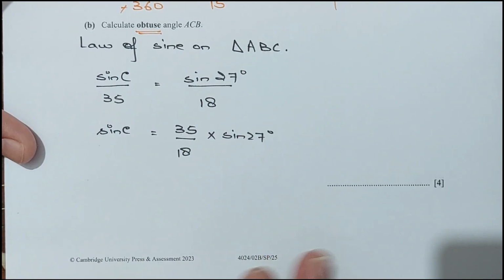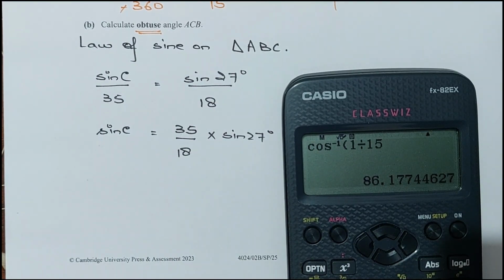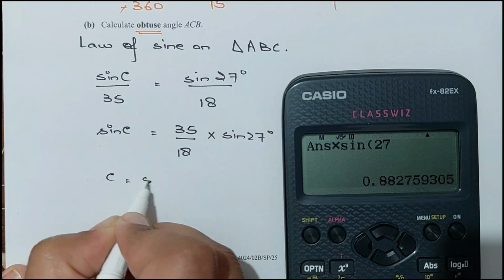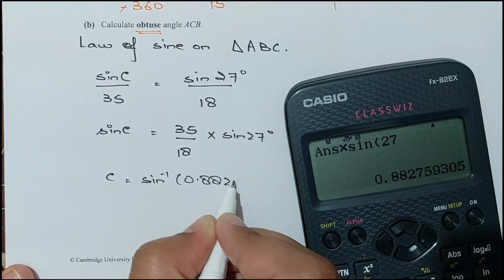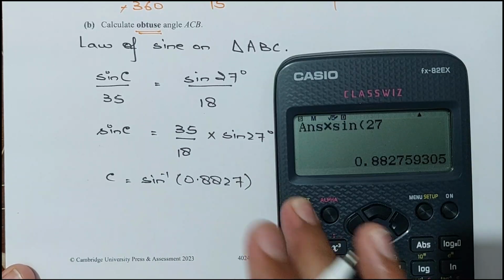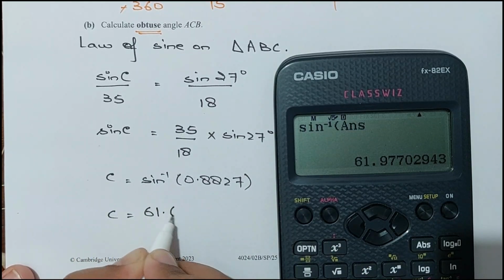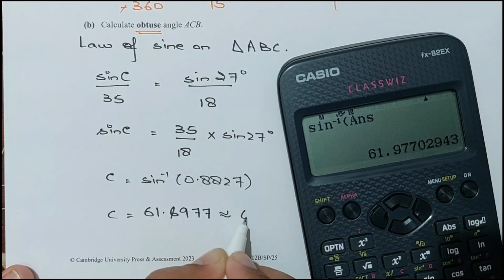It is an obtuse angle, so we must use the ambiguous case of the sine law. Let me show you. 35 over 18 times sine 27 degrees. C would be sine inverse of 0.8827. Sine inverse of the answer, C would be 61.977, or we can say 62 degrees.